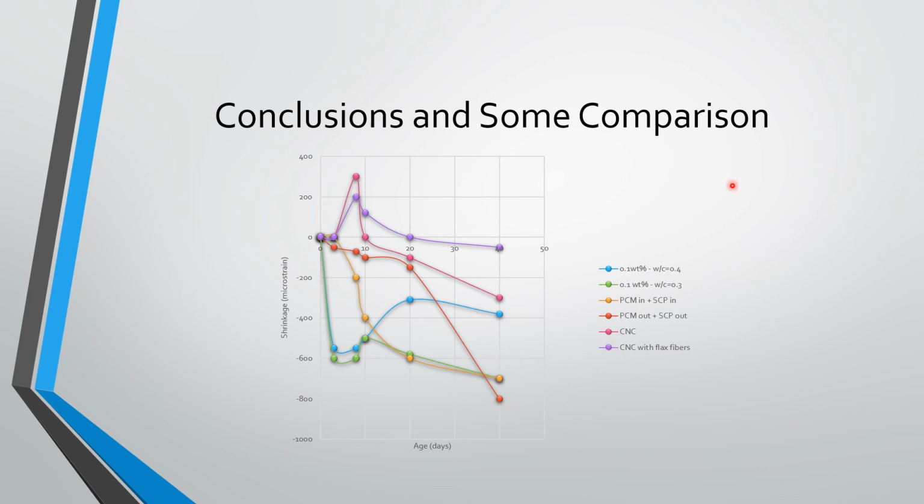But basically, we can say that all of these curves show three-stage distributions.